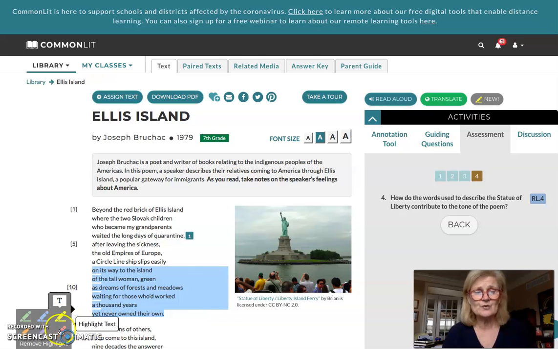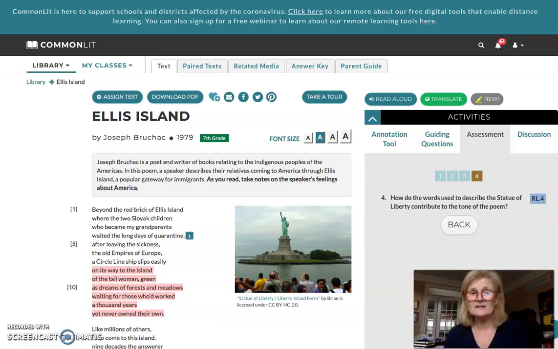I'm going to make sure that I highlight those. I highlight them in red or pink because I know this is going to be my concrete detail. This is my evidence. This is what I'm going to base my thesis on. So I've collected evidence. Now I've got one half of my writing started.